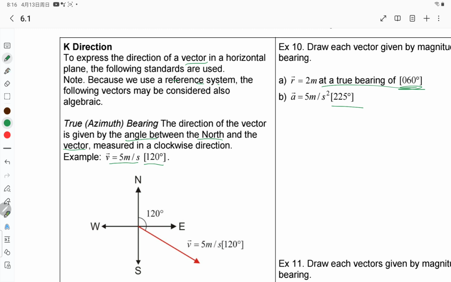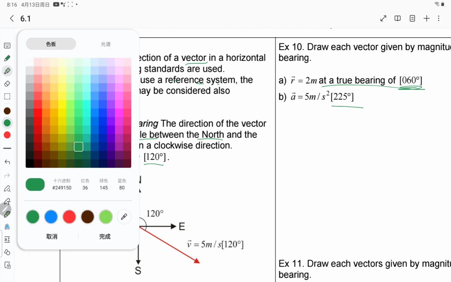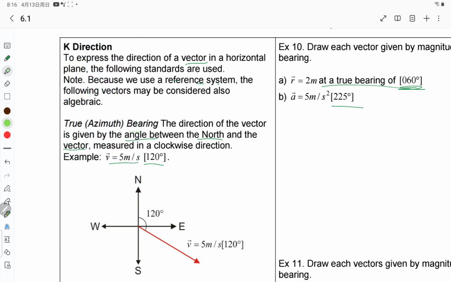So this is important and also very easy to forget, right? This is the angle between the north and the vector.